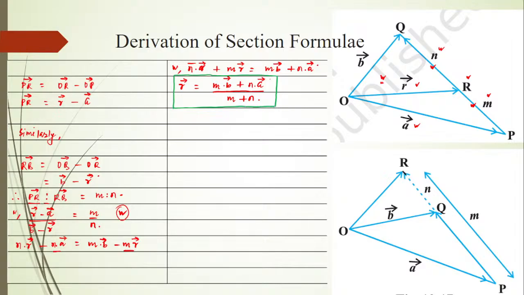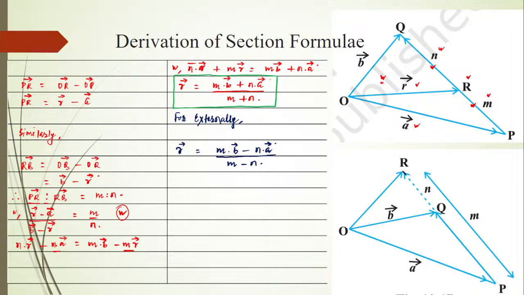Similarly, for external division, it will be vector r equal to m into vector b minus n into vector a, by m minus n.